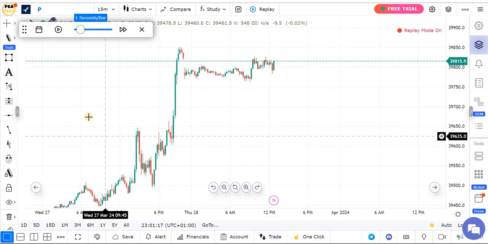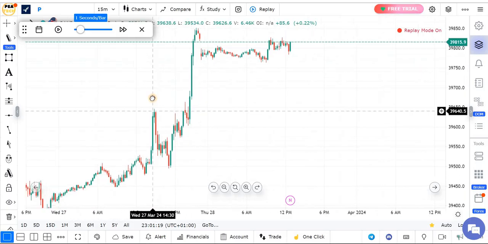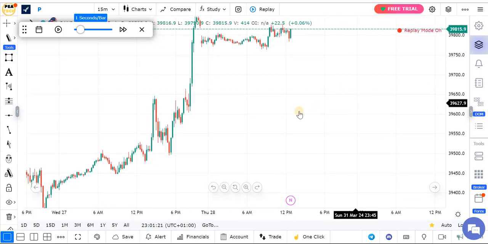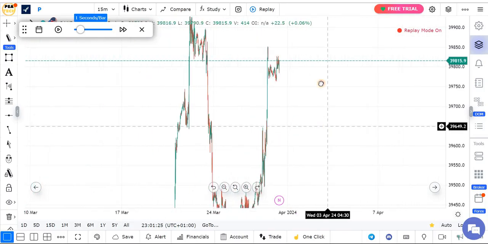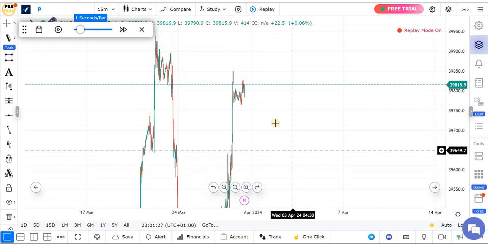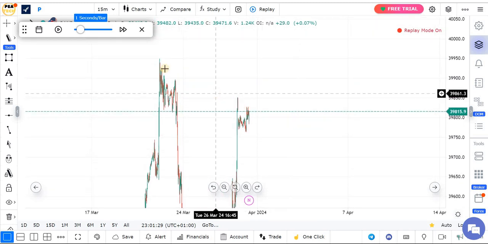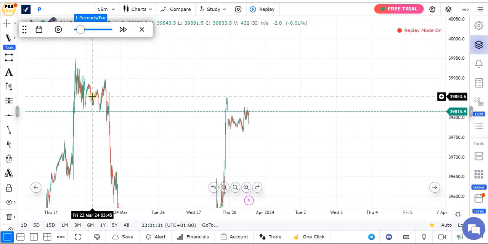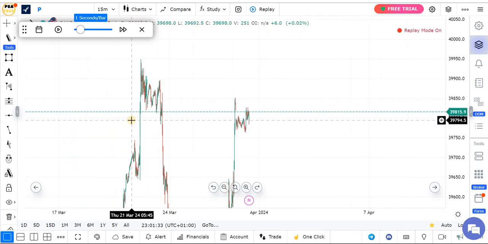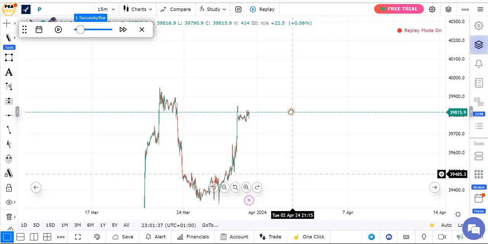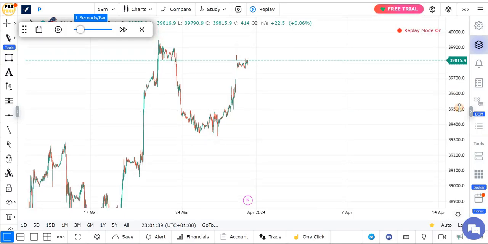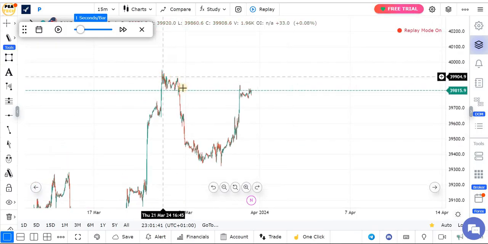First thing I want you to do when you open your chart is zoom out to see the complete structure, right? So this is the structure that we have here. From this structure, you can see that there is some like a U shape here, right?